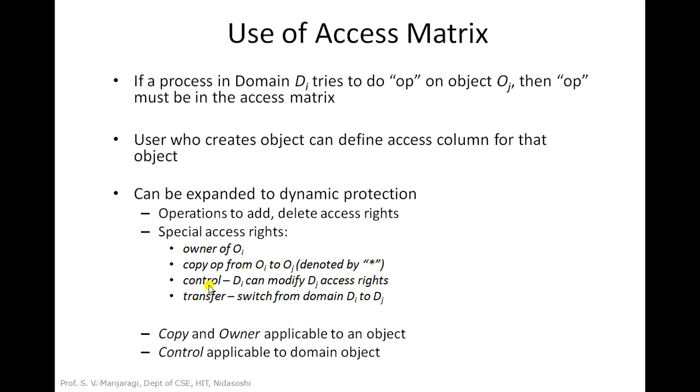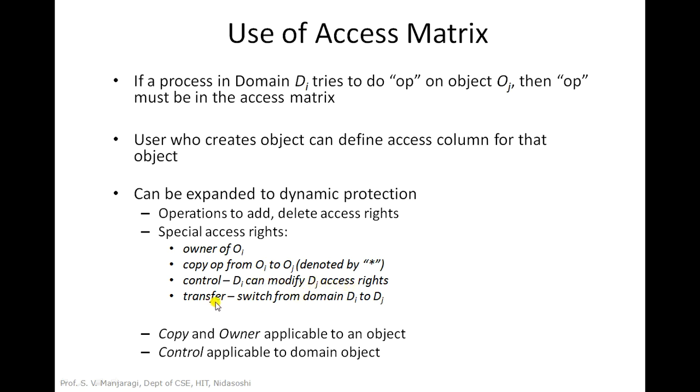There is another access right, that is the control access right. Here domain Di can modify access rights of domain Dj. That is called the control operation or control access right. It means processes of domain Di can modify the access rights of the processes that exist in Dj.